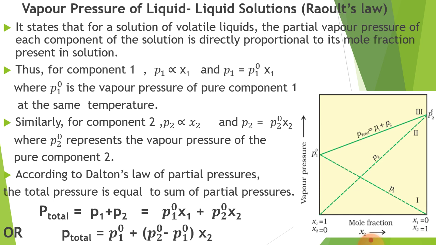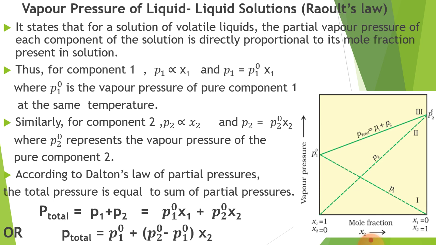Now you learned in the gas state of class 11th, according to Dalton's law of partial pressure, the total pressure is equal to the sum of the partial pressures of non-reacting gases.